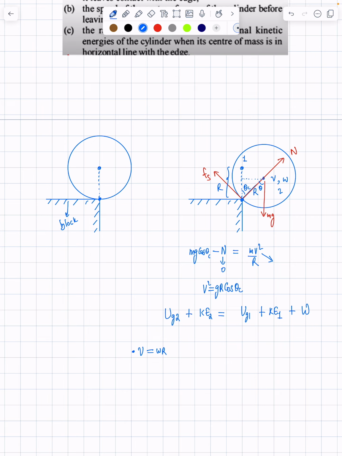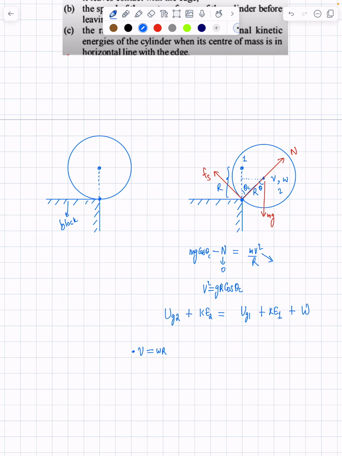The point of contact is basically at rest, because there is no slipping or skidding. So because the point is at rest, work done by the static friction is 0. Basically it's the net work done by the static friction is 0. But in reality the static friction is actually doing work, but it's doing positive work and a negative work.